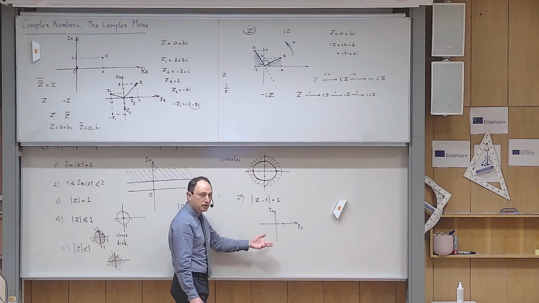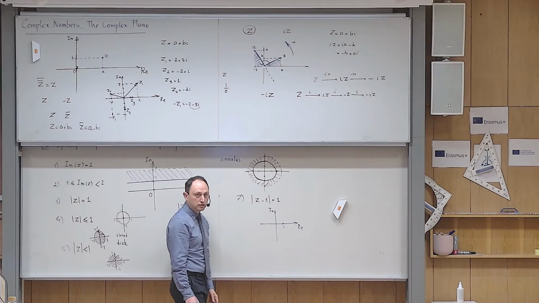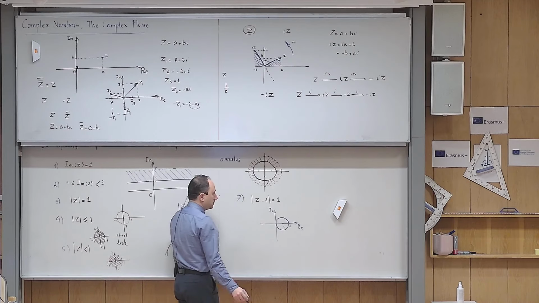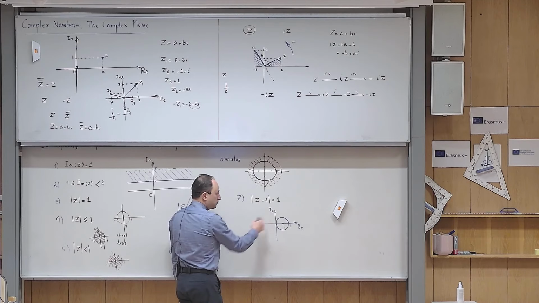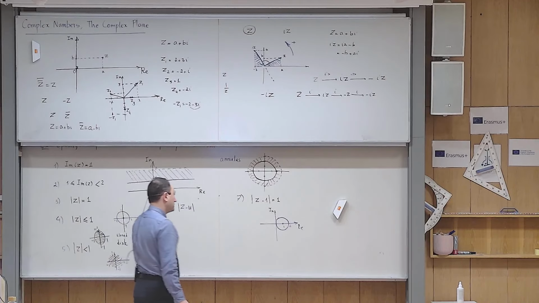So it becomes a circle centered at this point with radius 1. As Samir said correctly, this will be this circle. I draw it with solid lines. If you want to show it, you can say that this is 2. So this is represented by that circle. Is that clear? So what about this one?